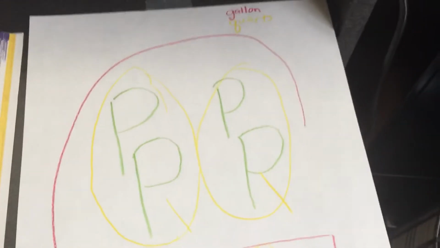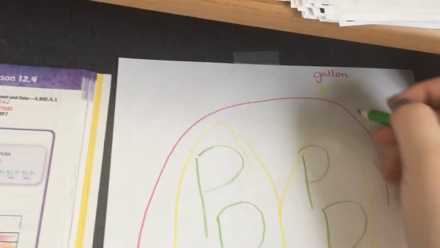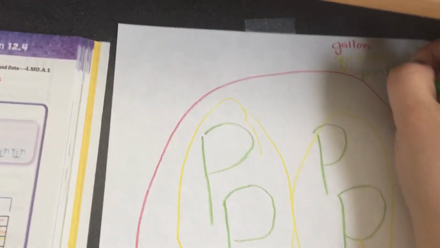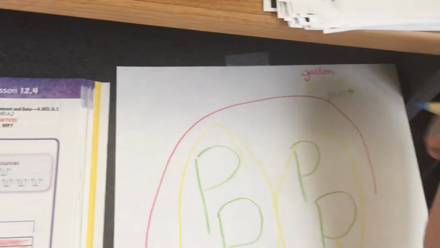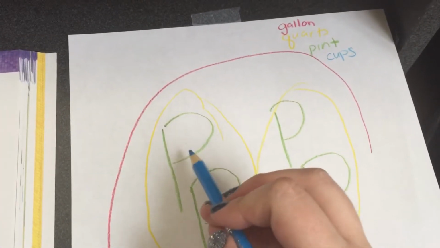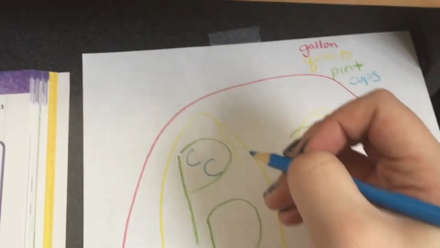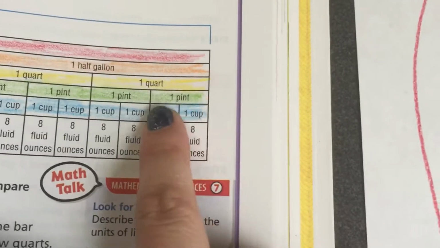So for each of my pints over here, whoops, I forgot to label my colors over here. Shame on me. Pint. So I'm gonna say the blue is the cups. Inside each pint, I'm going to put 2 cups. Because according to my fractions, 2 cups makes up 1 pint.